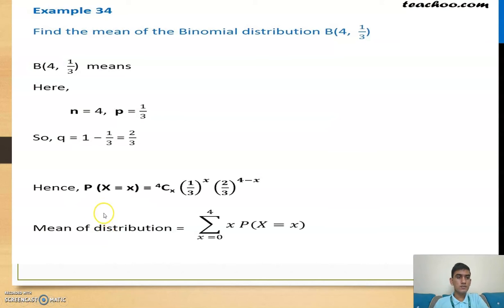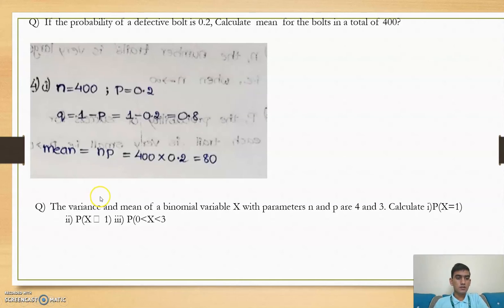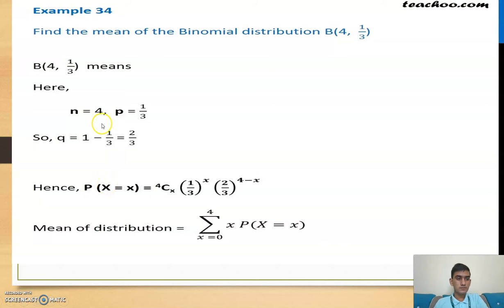Now we will see some examples. The question says find the mean of the binomial distribution B(4, 1/3). Here we have to find the mean. In the question we are given the number of trials n equal to 4 and the probability of success p equal to 1 by 3. First we find q.